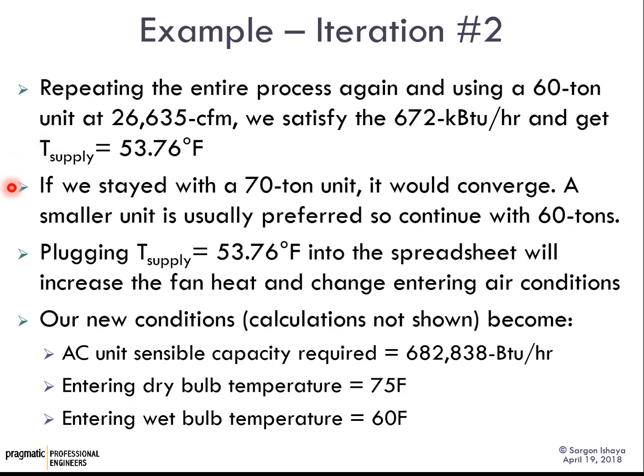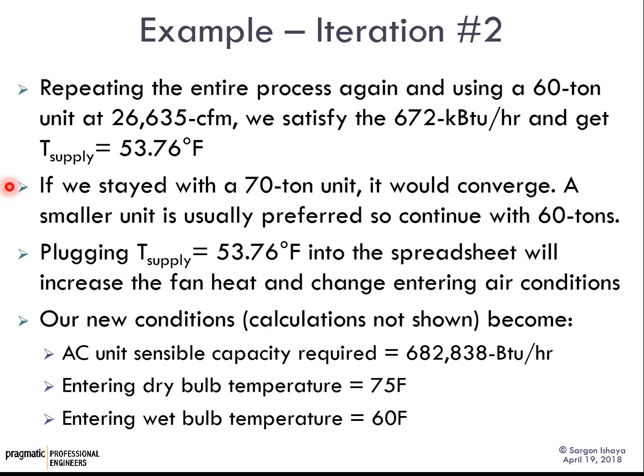Now, an item of note, if we would have stayed with a 70-ton unit and not dropped down to a 60-ton unit, we would have converged. You would go back through the process again one more time, but you would see that it would result in the same supply air temperature. You would have converged. Because we switched the unit size, now we're back in the process of iterating.